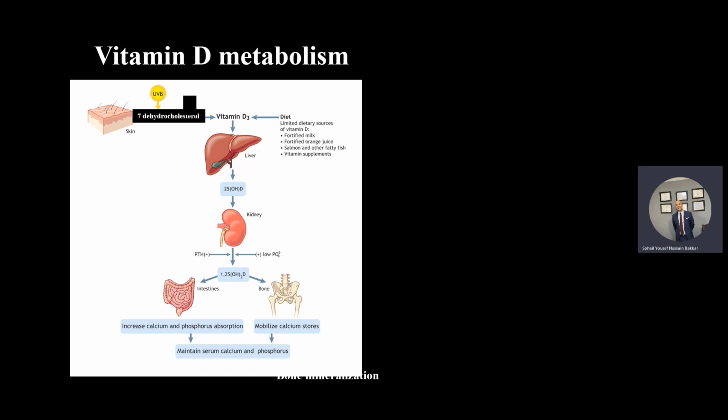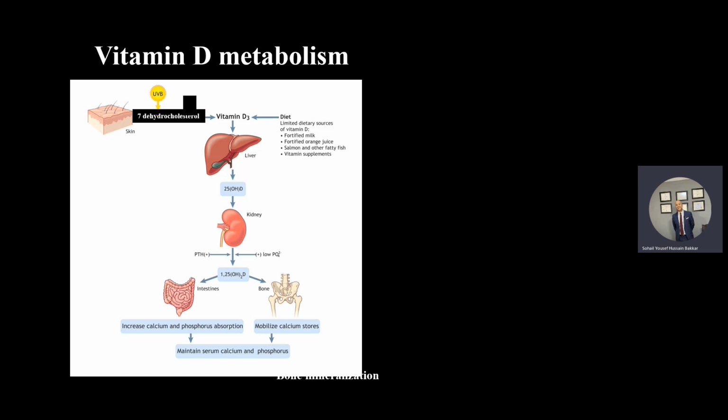This is a very important enzyme for the production of the final active form of vitamin D3. And the catalyst for this enzyme is the parathyroid hormone. So the parathyroid hormone is a major contributor for the formation of the final and active form of vitamin D3, which is known as 1,25-dihydroxy-cholecalciferol.